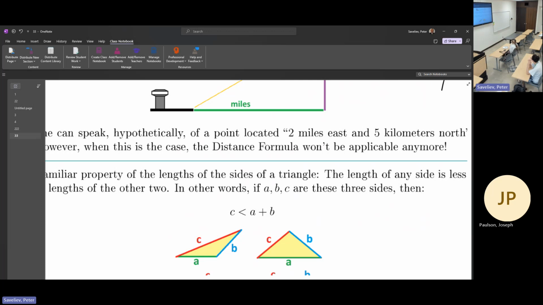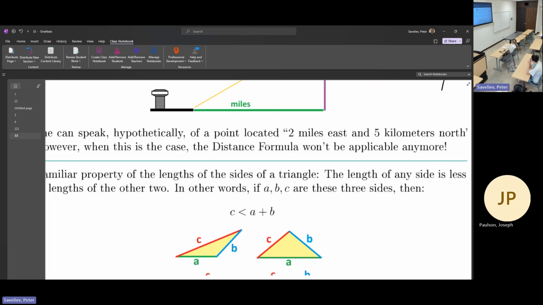Yeah, that's what it says. Do you see something in real life that you may have encountered that relates to this idea? We implicitly use it all the time. Anyone?